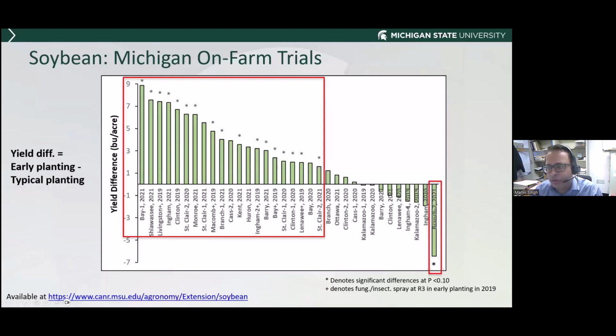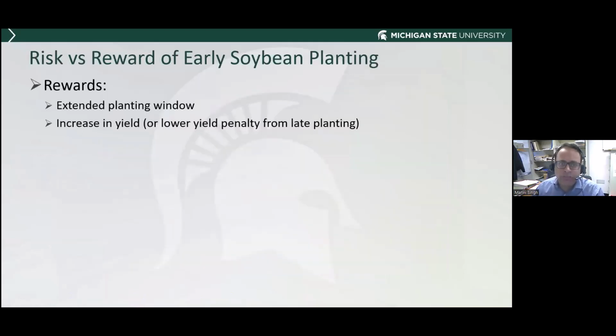And that comes back to this: there are potential rewards, but there are risks associated with some of these early season soybean plantings, right? As we have been talking, at a minimum, planting soybeans early in the growing season is extending your planting window. So you are minimizing the yield penalty that can come from a delay in planting, right?